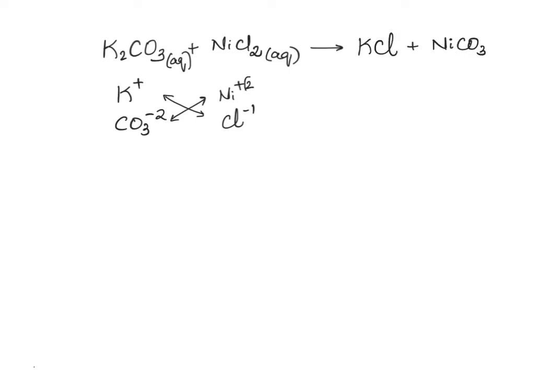Now this is plus 2, this is minus 2, so nickel carbonate. Now potassium chloride is soluble, so we write this as aqueous solution, and nickel 2 carbonate is not soluble, so solid. And so this nickel 2 carbonate will precipitate out.